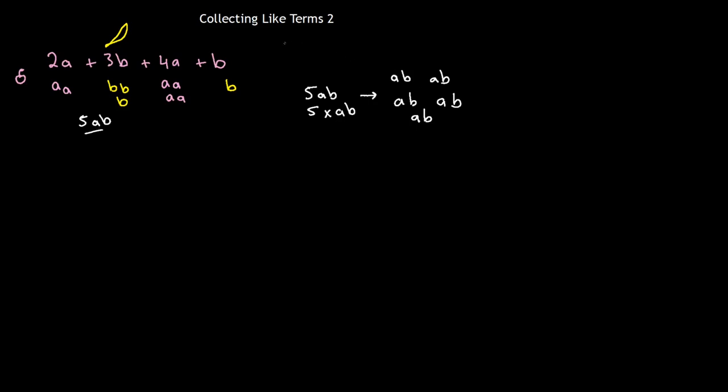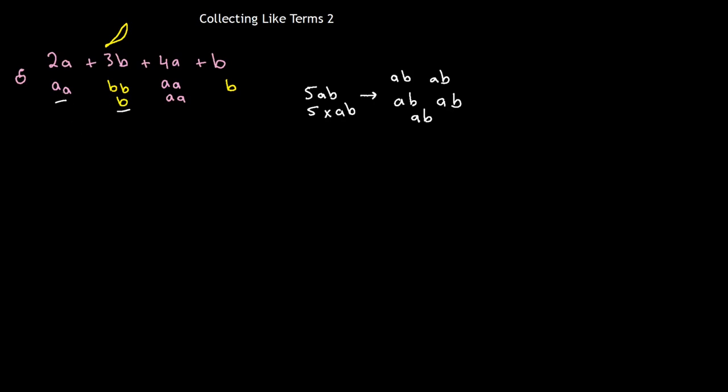Now if you look back at the original expression, we don't have ABs, we have A's and we have B's, so it doesn't make any sense. Though I agree that we have 5 items here, 2 A's and 3 B's, the value of it is not 5 lots of AB. They're 2 different things.